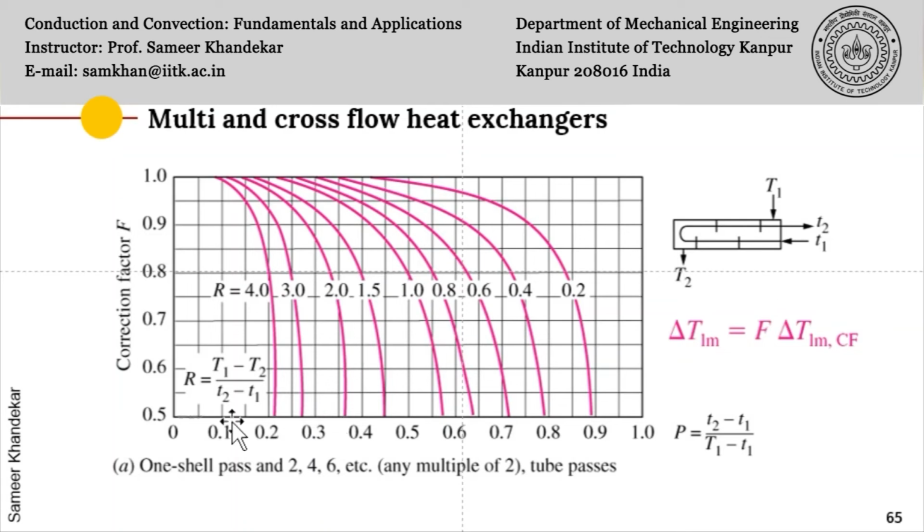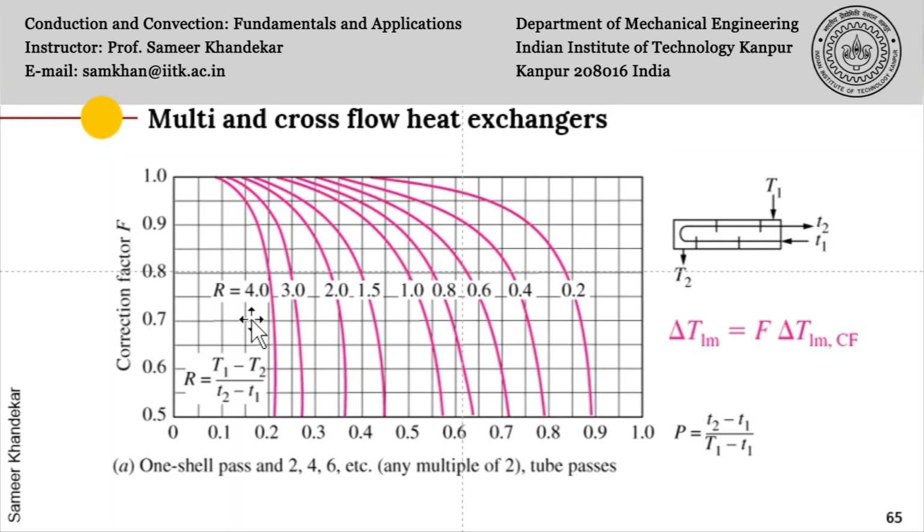Then you see here the definition of P given along the x-axis, which is small t2 minus small t1 divided by capital T1 minus small t1. Once you know the four temperatures, you will be able to find P. Then there are different R's ranging from 4 to 0.2 here in decreasing order.